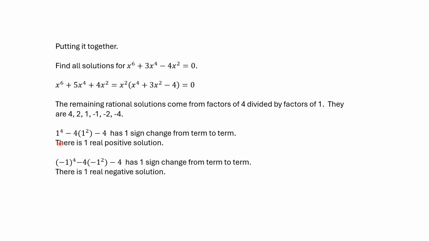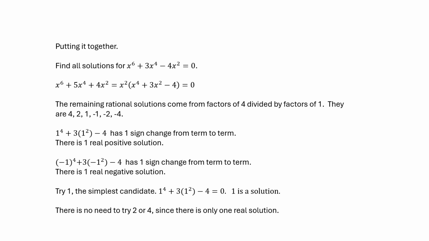I can see, plugging a positive number in, that I have one sign change, so I have at most one positive solution. Put the negative value in. I have one sign change, so I have at most one negative solution. So we'll try 1, and we're going to find out that 1 is indeed a solution.